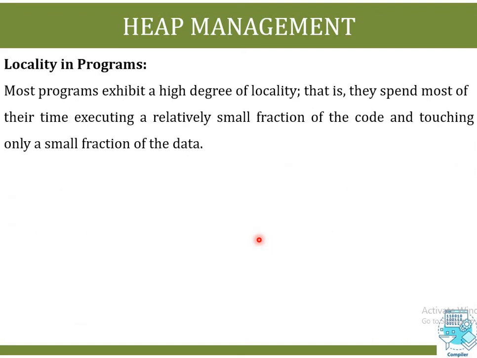Then there is something called locality. The term locality refers to the point that when a particular instruction gets executed, it is more likely that the same instruction will be executed in the near future also. In a program, we may have one instruction.